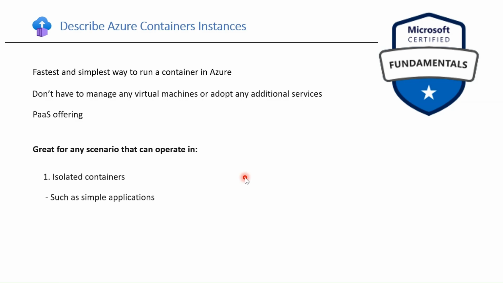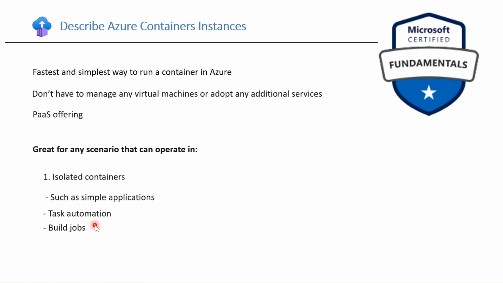And then task automation: let's say there is a certain code that I want to run, and I need to just run it in a container. Then I can just use Azure Container Instances. And then build jobs for CI/CD pipelines, for Azure DevOps for instance. When you create a build pipeline, it needs a compute instance to run that code. Then you can use Azure Container Instance in that particular scenario as well.